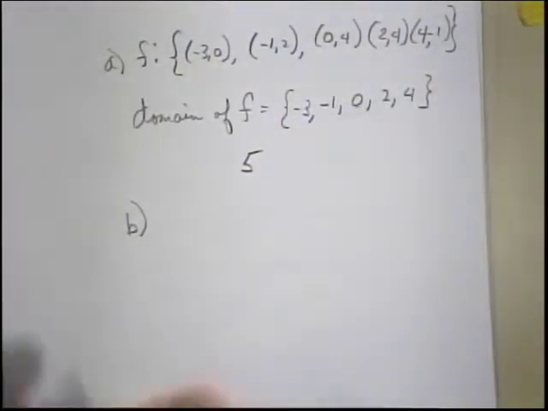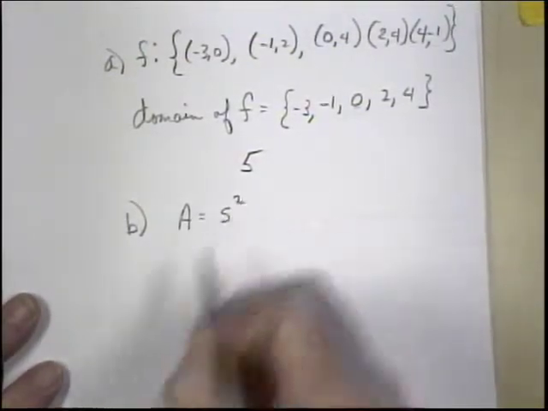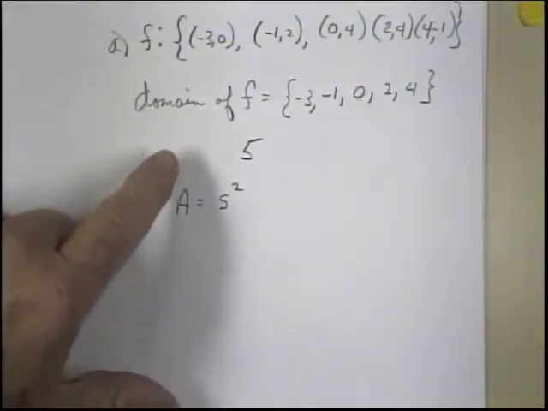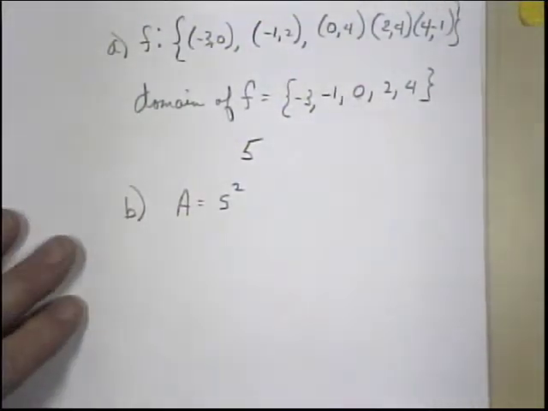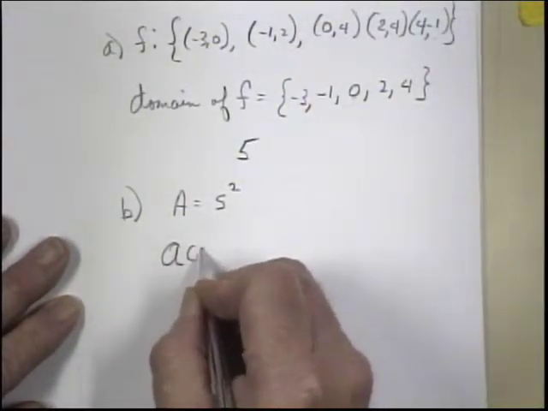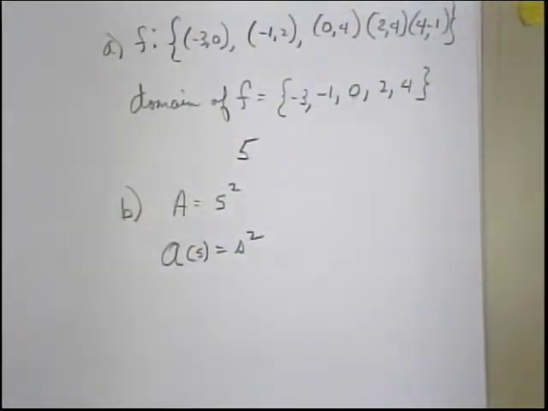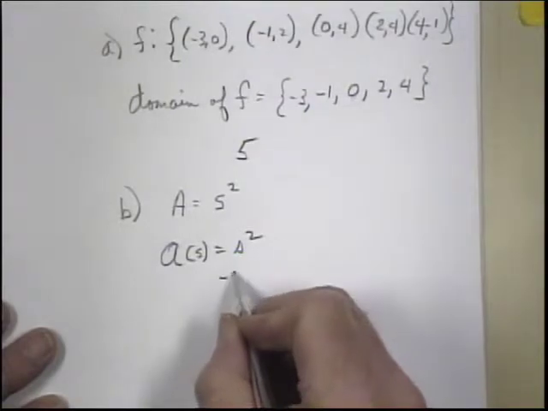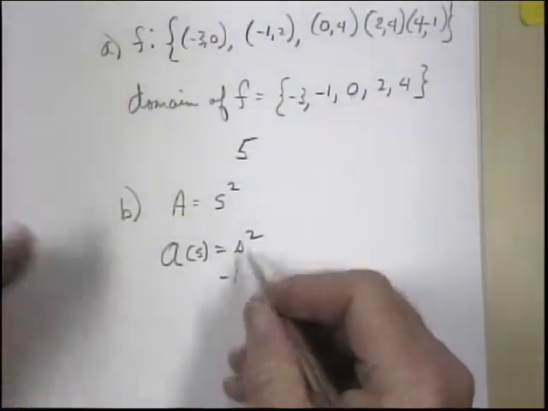Let's look at B. B is the area of a square, area equals s squared. What would be the domain of this function? We could say A of s equals s squared. What are all the possible values that s could be? Could s be a -1, a negative number? Yes. A -1 squared is 1.